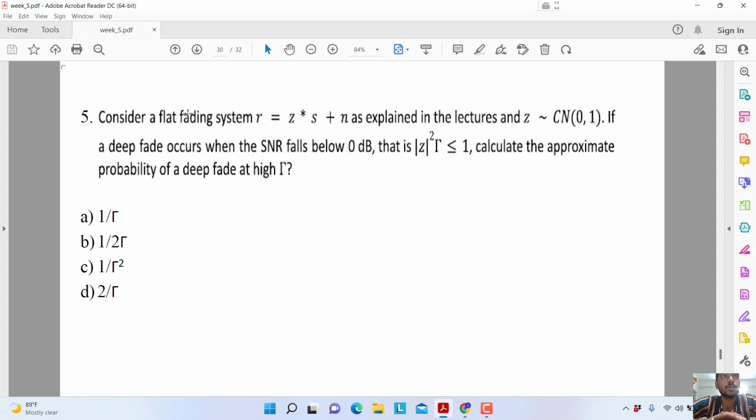Again, I am repeating this question, question number 15. Consider a flat fading system, R is equal to Z into S plus N, as explained in the lecture, with mean 0 and variance 1.